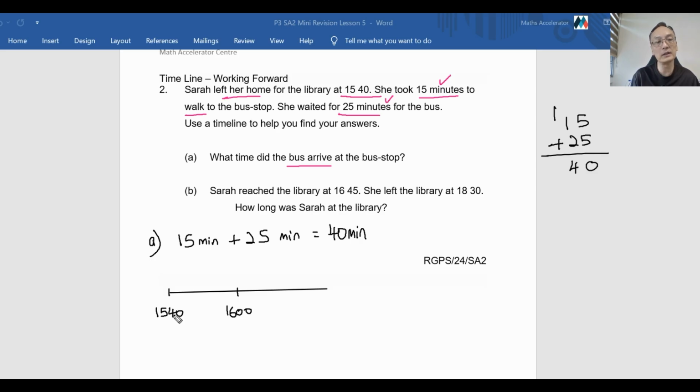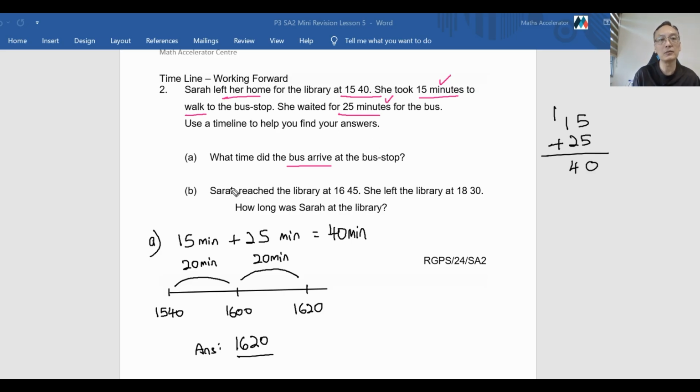So between 15:40 and 1600 is 20 minutes. 40 minus 20, we need another 20 minutes. And 20 minutes after 1600 will be 1620. So we know that the bus arrived at 1620, right? 1620.